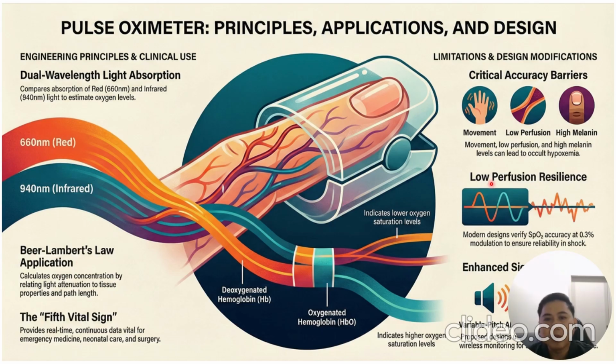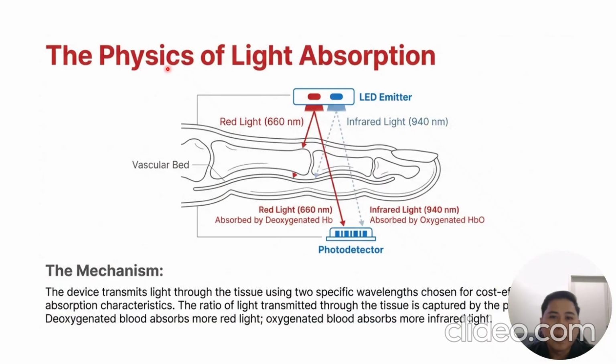Then we address the critical accuracy barriers facing current technology, such as motion artifacts, low perfusion, and skin pigmentation issues. Finally, there will be a proposed next generation design architecture intended to resolve these limitations through enhanced signal processing and smart connectivity. Let's begin with the working mechanism.